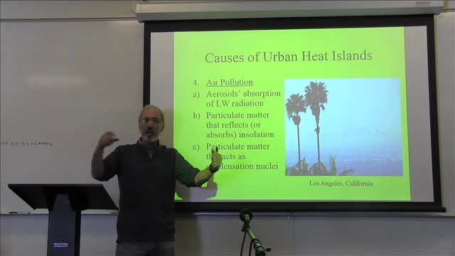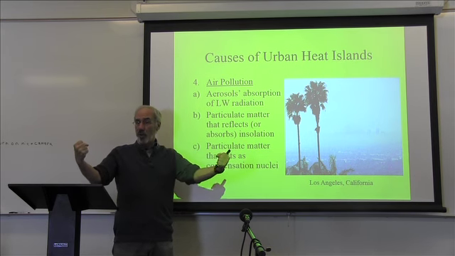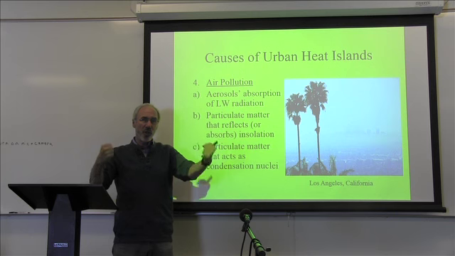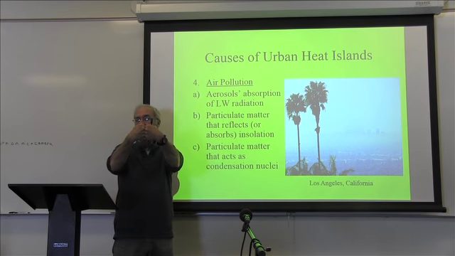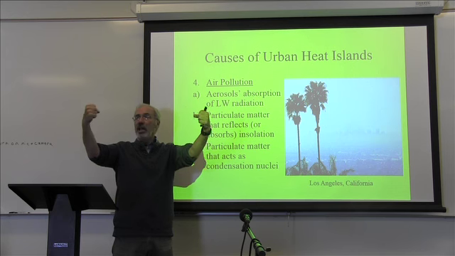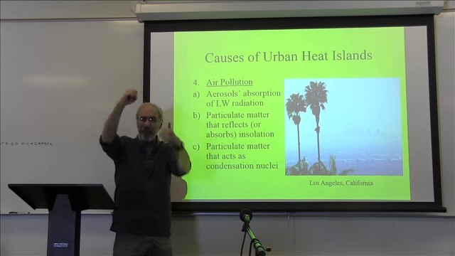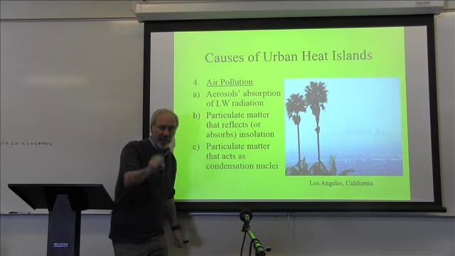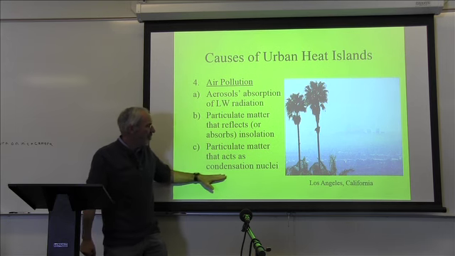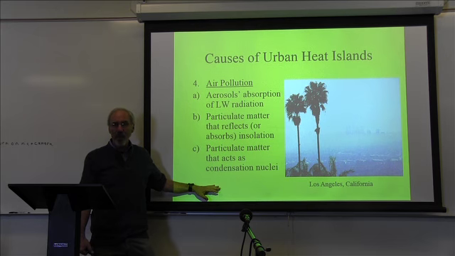Turns out that we need a solid bit of material floating around in the atmosphere in order for H2O gas molecules to condense into liquid on that particle. And then in clouds, we also need particulate matter for those cloud droplets to attract to, get big enough to overcome the buoyancy of the atmosphere and fall out of the cloud. Turns out these are absolutely essential to get precipitation processes going.